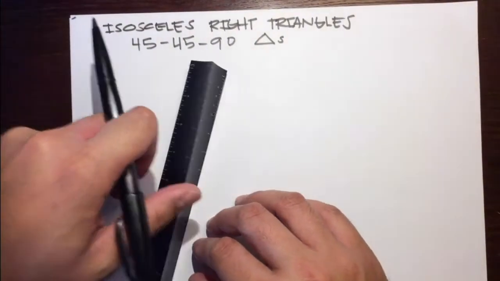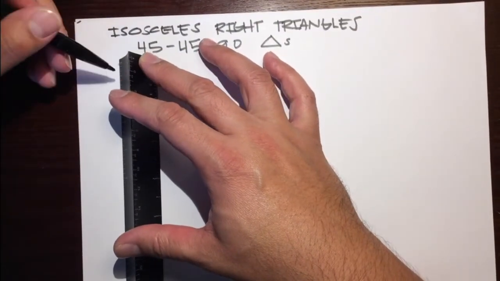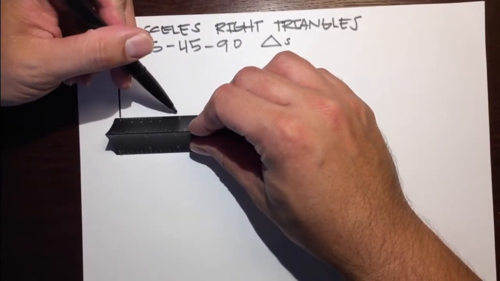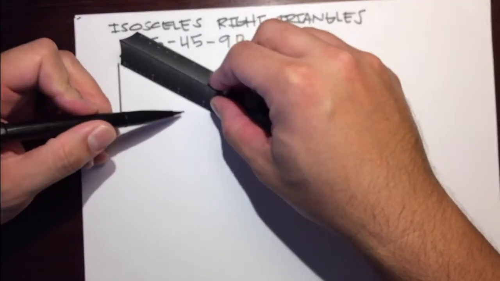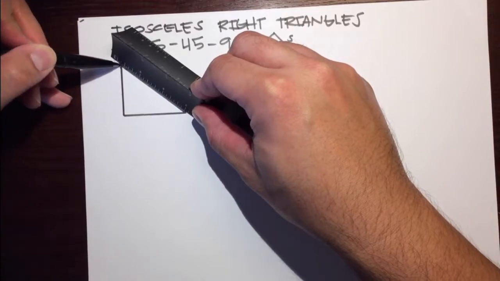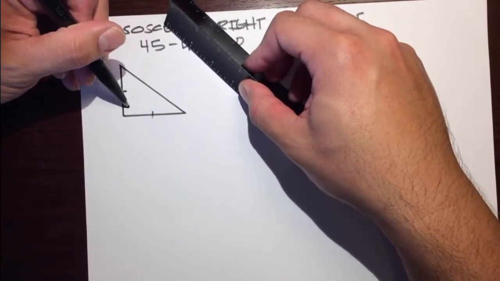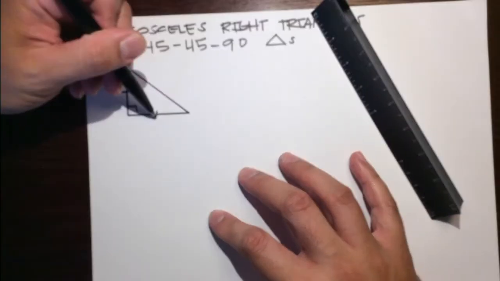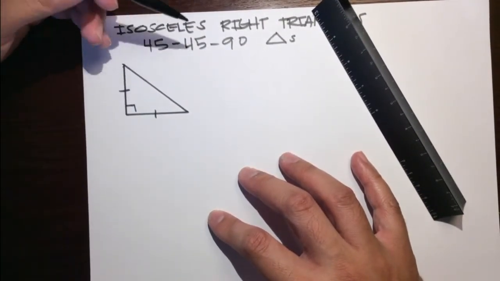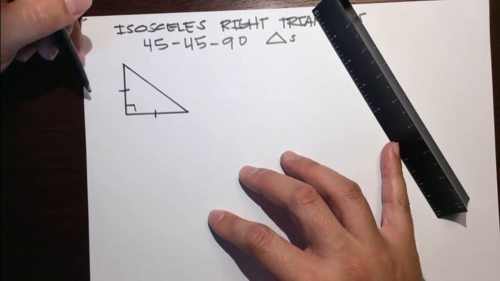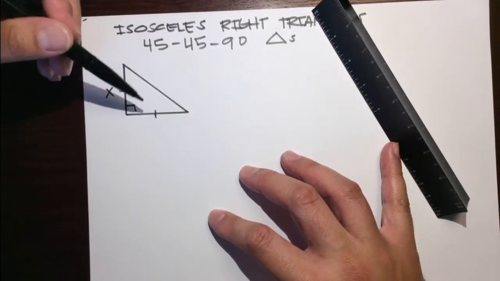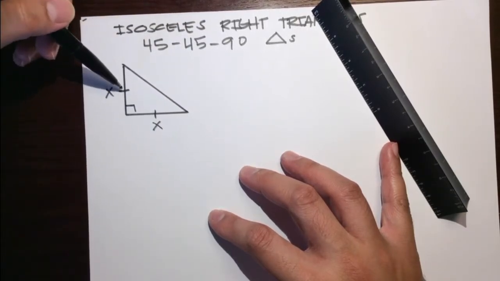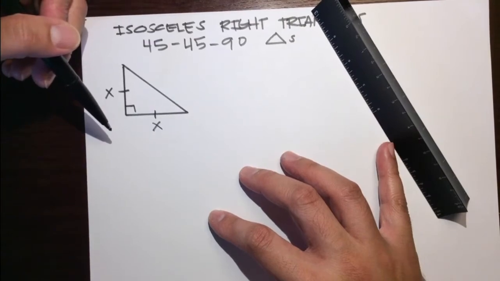All right, so as you know, isosceles right triangles are triangles that are isosceles and have a right angle. And in your class, you should have been shown the pattern that if this is x, then this has to be x, because it's isosceles and these two sides are the exact same length.